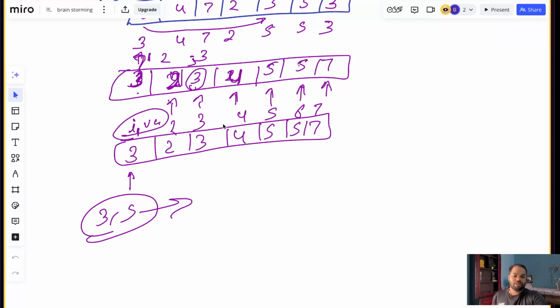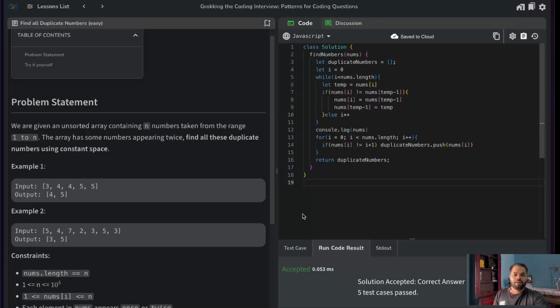And now I'm just trying to implement it. So here is the implementation. It is the same: we have a while loop which iterates over the nums, and if the replacement and replacee are not equal, then it will swap them, and if that's not true, then it will increase the index.